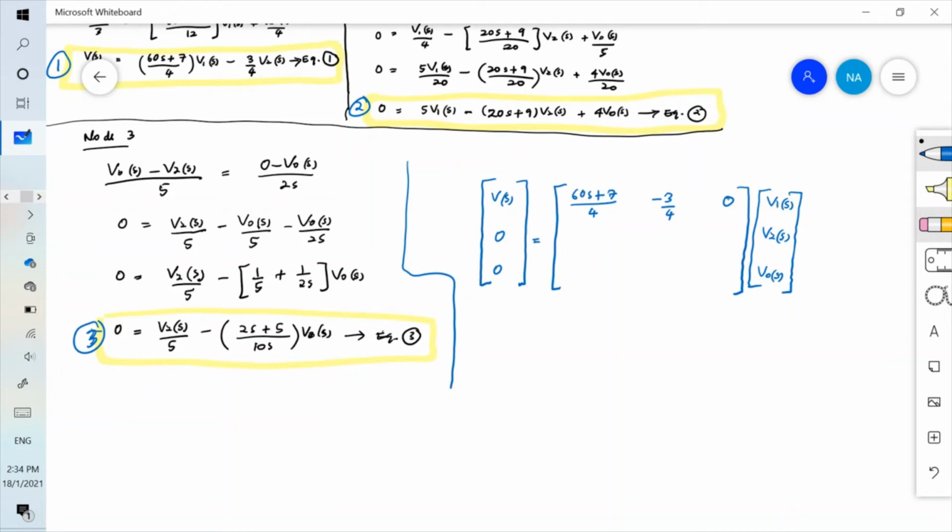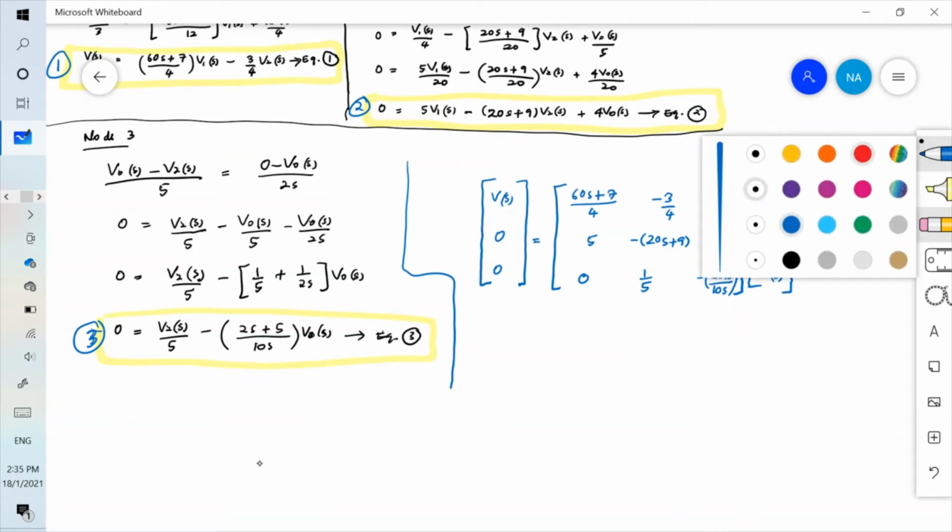Second equation, the term for V1s is 5, negative 20s plus 9 for V2s, and then 4 for V0s as the third term. For equation number 3, you don't have the term for V1s, so it is 0. The term for V2s is 1 over 5. And the term for V0s is negative (2s plus 5) over 10s.